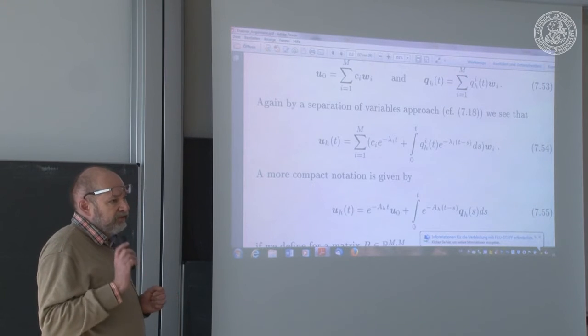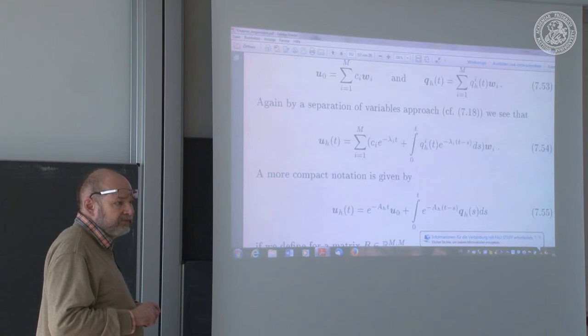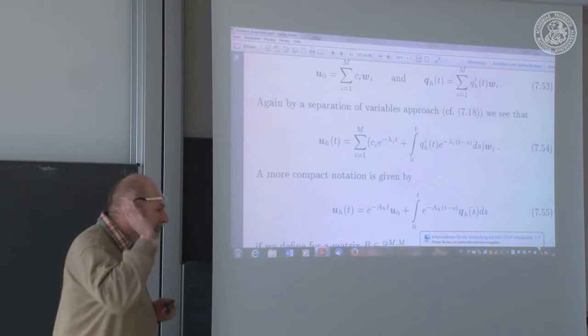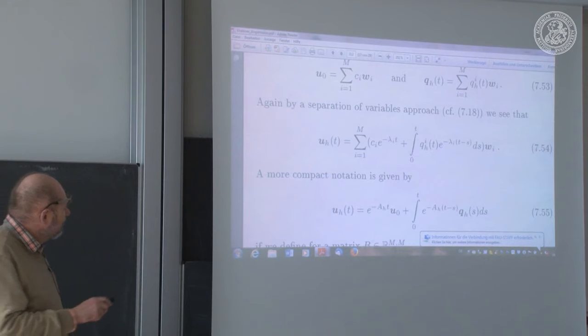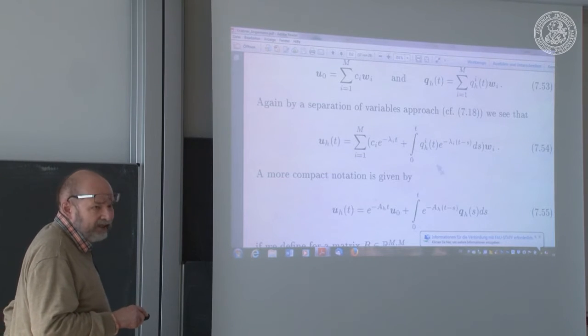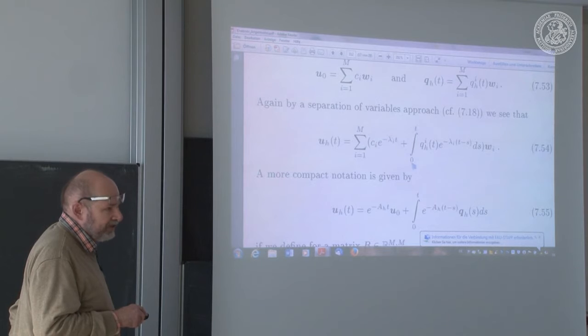What would that mean if we would have non-real eigenvalues? Oscillating, yes. Because then we have the complex eigenfunction, we have the real part, which behaves exactly like this here.